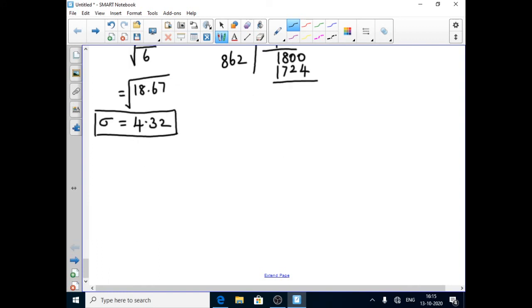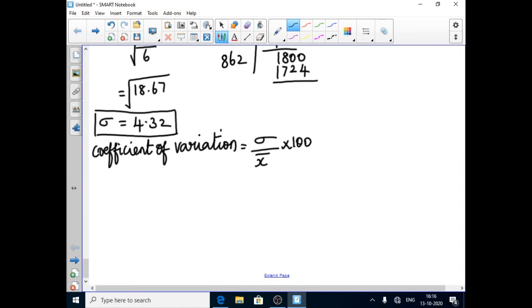Now write the coefficient of variation. Coefficient of variation is equal to sigma by x bar into 100 percentage. Sigma value 4.32 by 30 into 100.